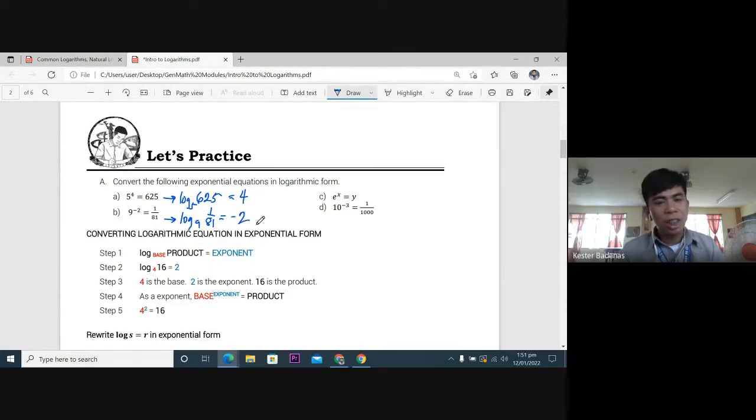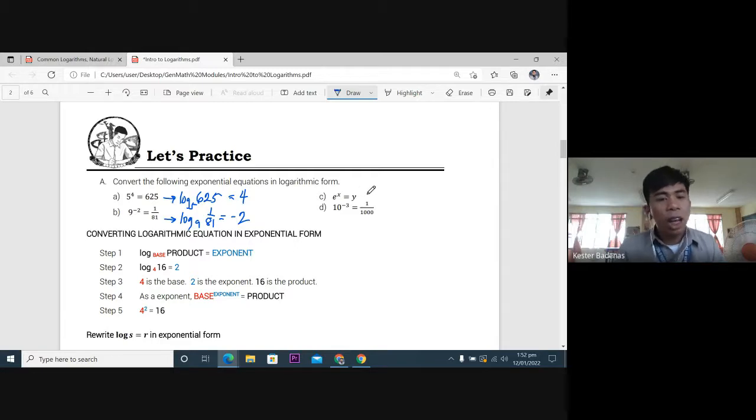Okay, so that's correct. Thank you, Ella. So, the answer is logarithm of 1 over 81 to the base 9 is equal to -2. Alamin niyo kung paano yung tamang pagbasa dyan, class, kasi meron yan sa validating test.